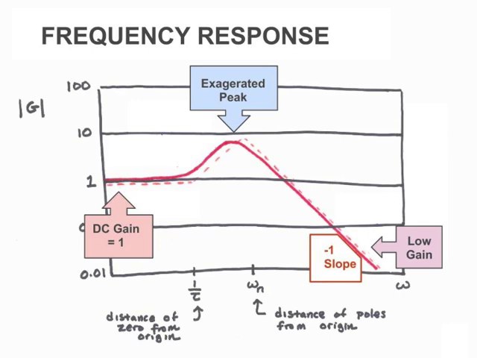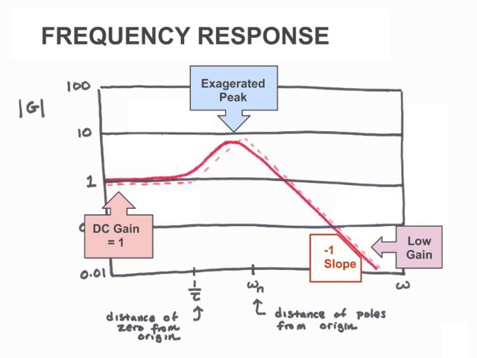I've exaggerated the peak in this frequency response because it's more than likely that omega n would not be so separated from 1 over tau, and so the peak is not going to be as large as what we see here. Another important thing to point out is that at high frequency, the gain is quite low because we have the minus 1 slope.